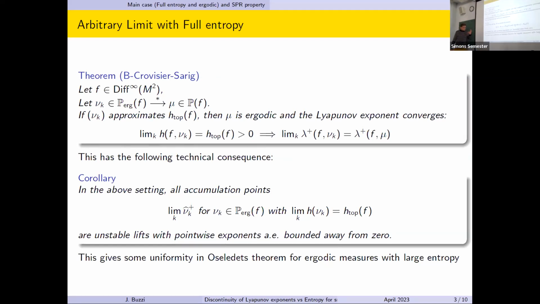I cannot enter into it, but the idea is that you will have some kind of compactness property for measures with large entropy, and from that you will deduce some uniformity properties.